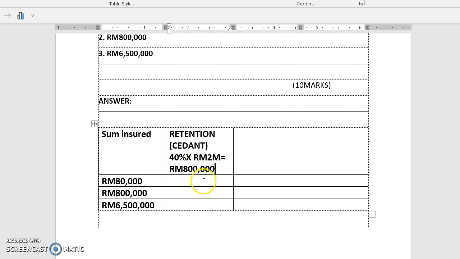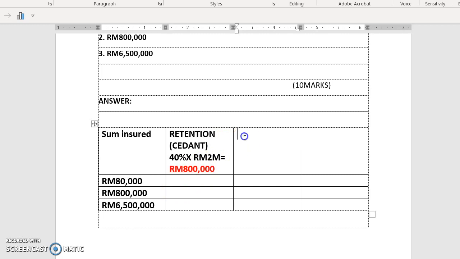So for this retention column, the amount cannot be more than 800,000, because the maximum limit is 2 million and the percentage paid by the ceding company is 40%.